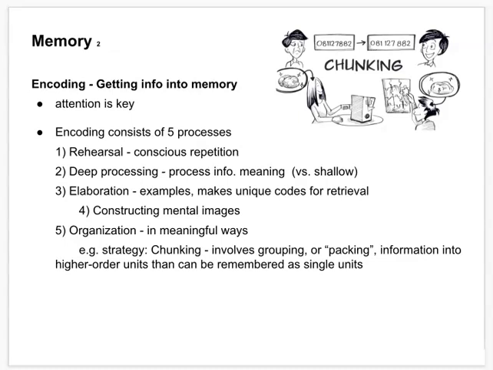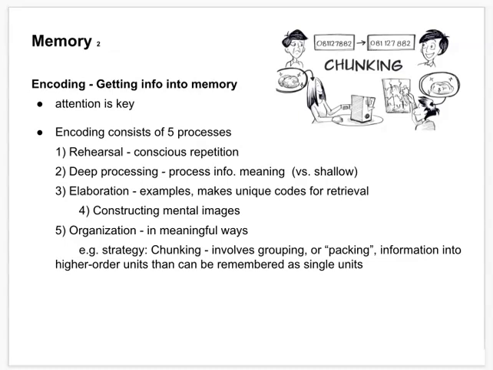So the next type is called deep processing. There's deep processing versus shallow processing. It's actually on a continuum, right? Let's say shallow processing would be reading over a theory for something. Reading over it would just be shallow.